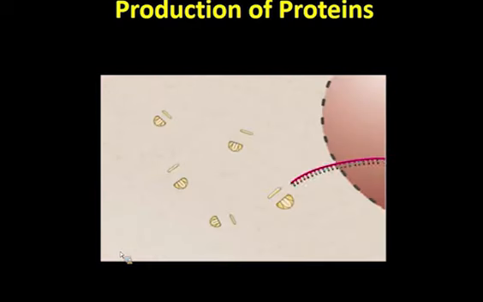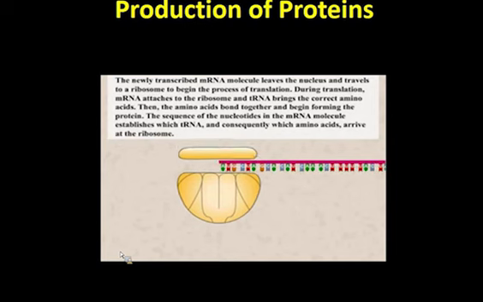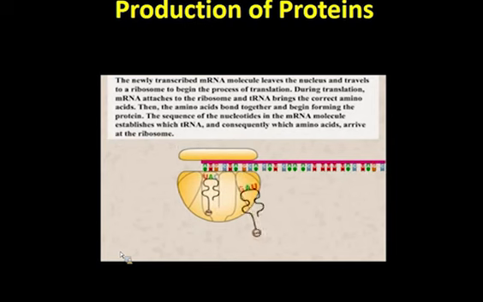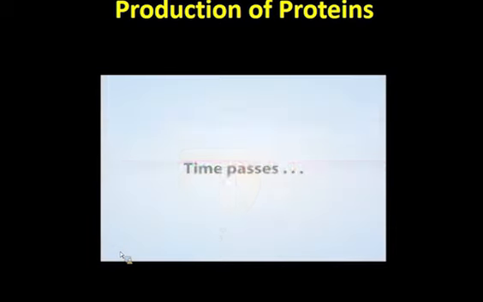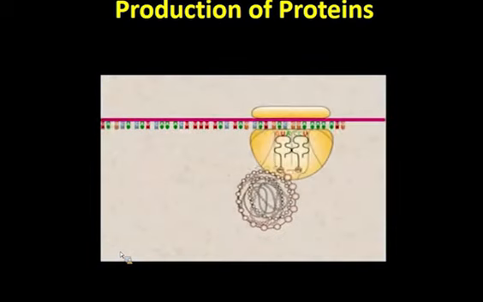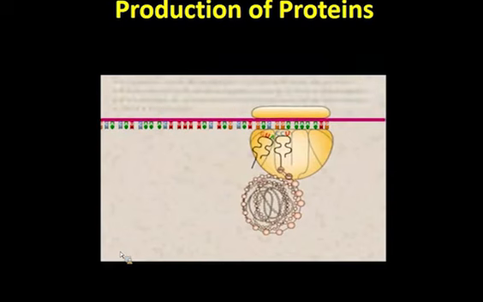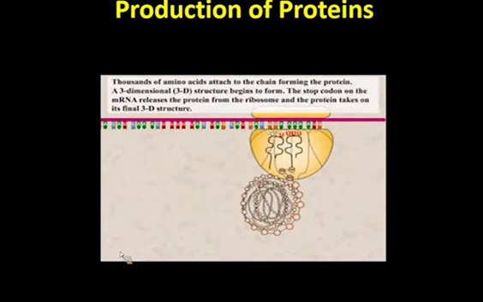It is now transported outside of the nucleus to a portion of the cell called a ribosome, in which now the mRNA is being read and proteins are being produced via individual amino acids. So every 3 letters of our genetic code indicates which of the 20 amino acids we should be producing, and as time passes, we've now essentially completed making a full protein.